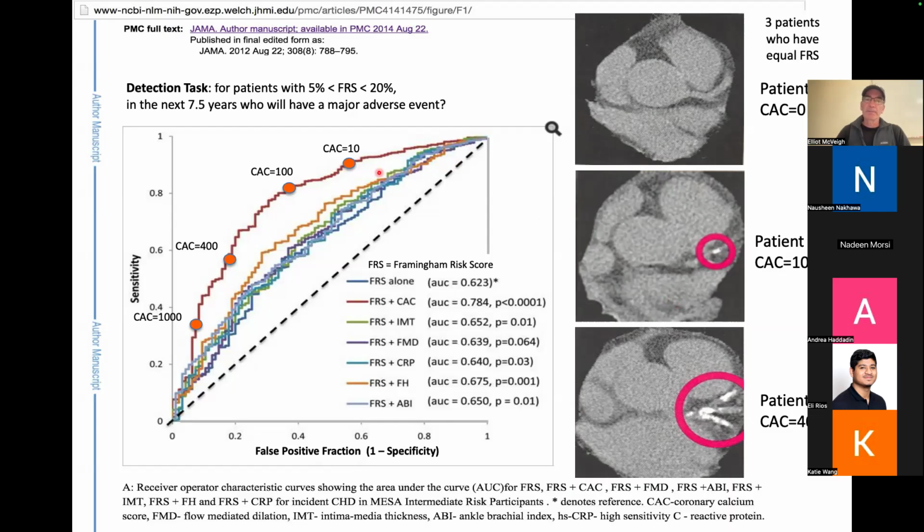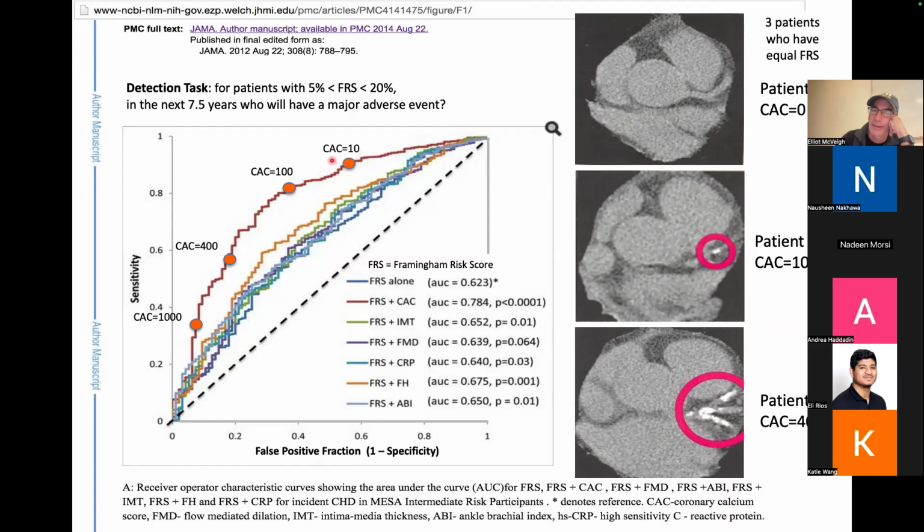So if you change your sensitivity threshold of saying, you are going to have an event at different levels of coronary calcium, I get a very high sensitivity if I say, if you have any calcium at all, you're going to have a heart attack in the next 8 years.